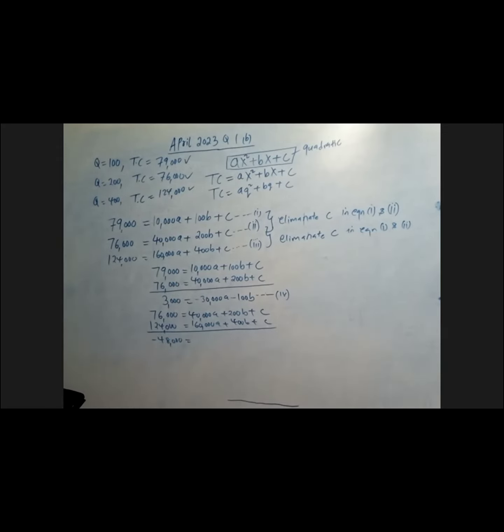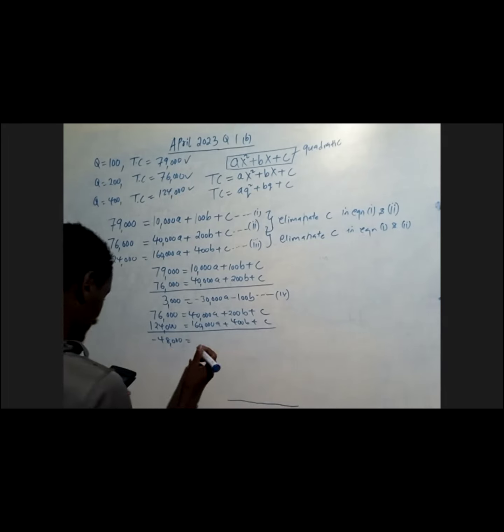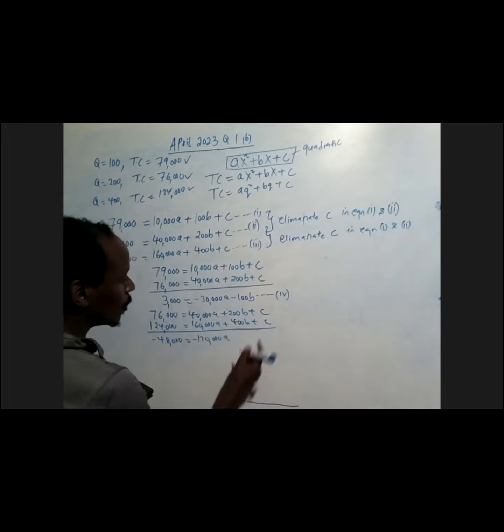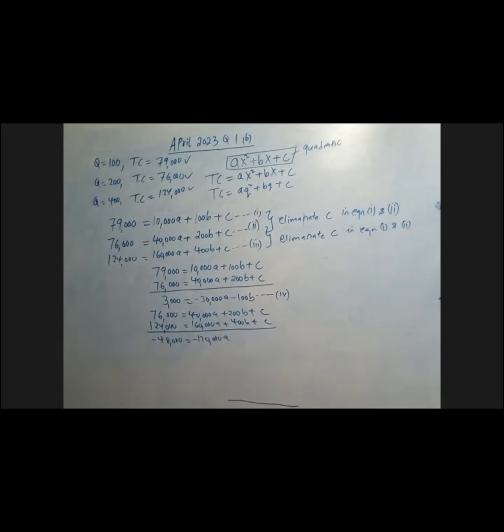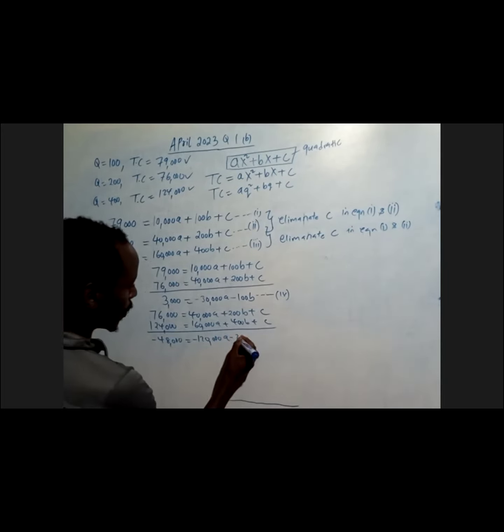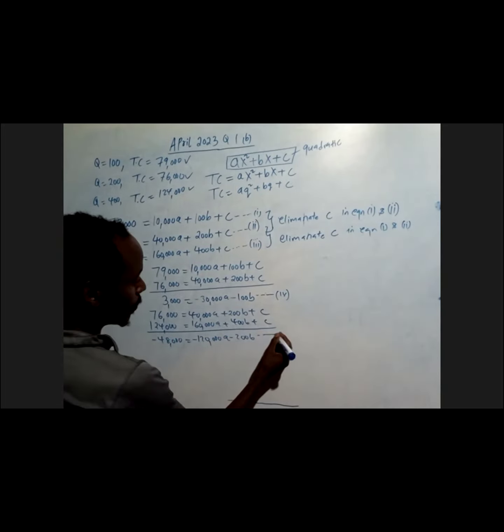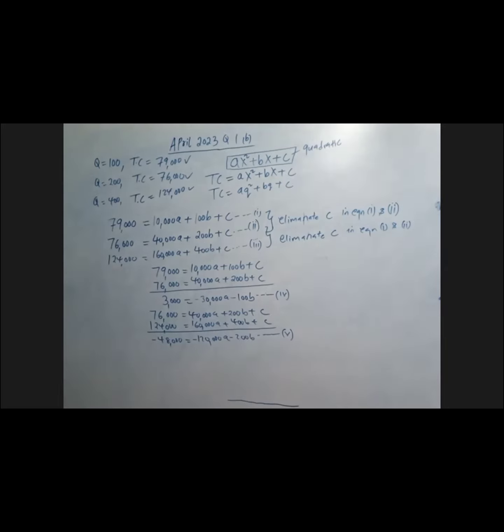Then 40,000 minus 160,000 equals minus 120,000 A. So 200 minus 400 is minus 200 B. So we have eliminated C in that equation. We call this equation 5.